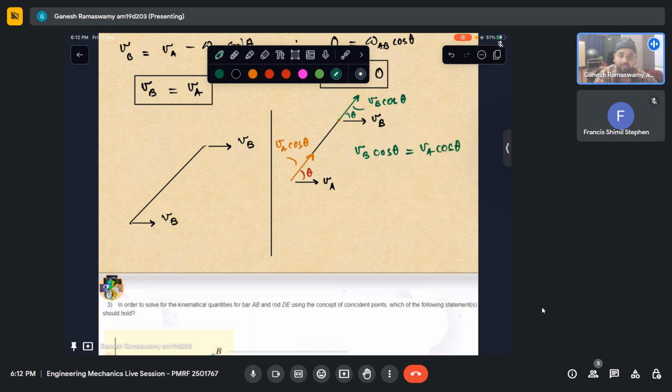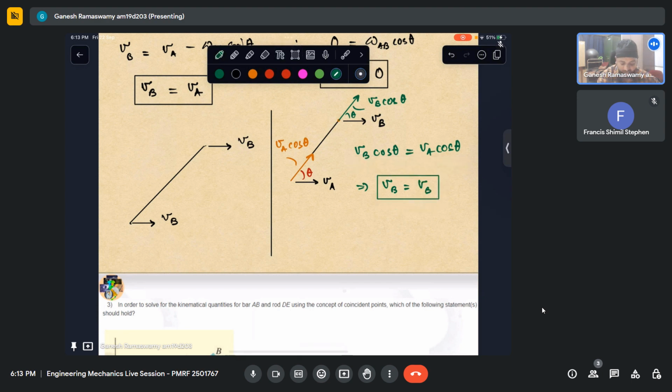If this is violated, then the very idealization of the rigid body is violated, which shouldn't be the case. So from here, it follows that VB is equal to VA. This is a quicker way to do it. Otherwise, we can always go by first principles like we did.